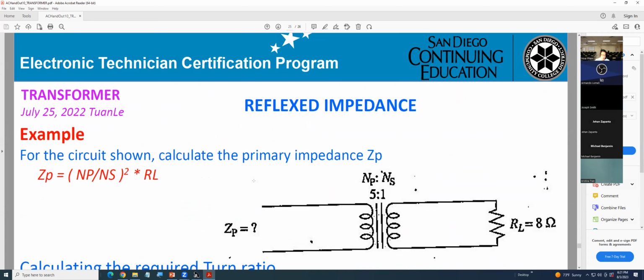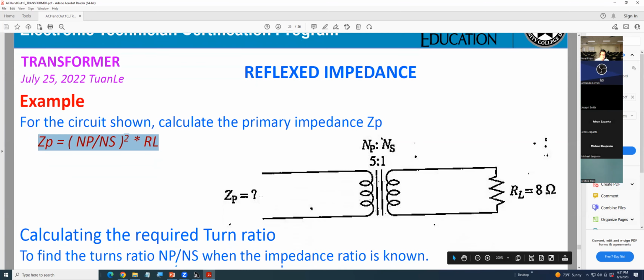Example for the circuit, calculate primary impedance, GP. So it's given to you, GP equals NP over NS squared times RL. Okay, NP is 5, NS is 1, RL will be 8 ohm.